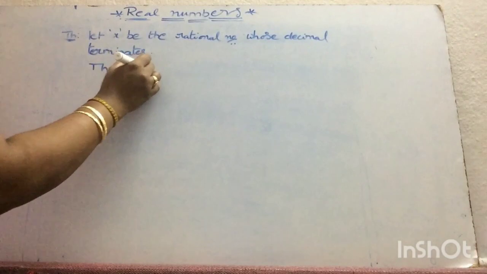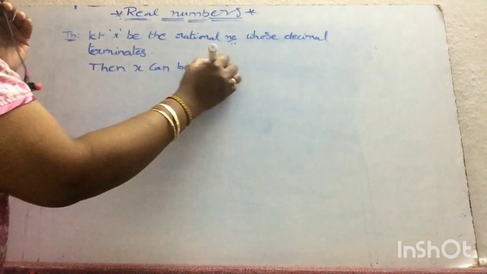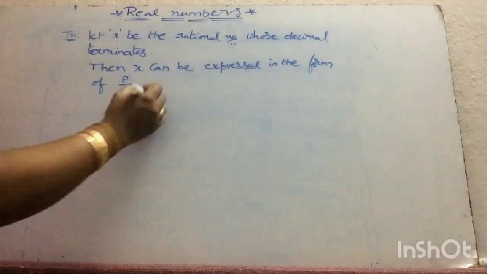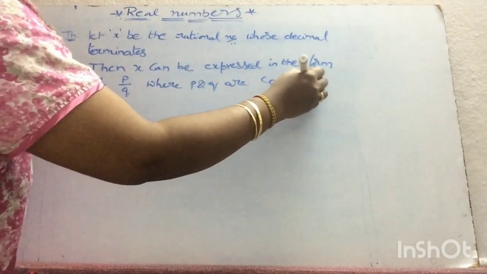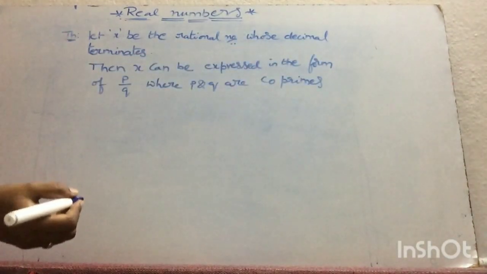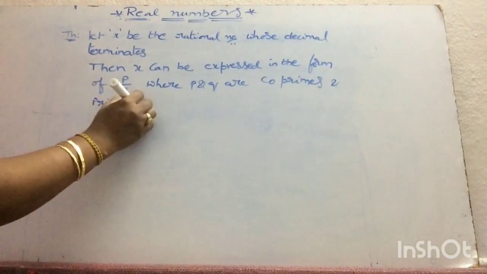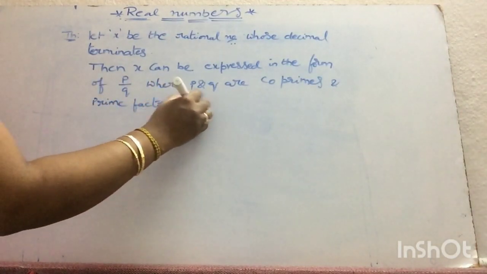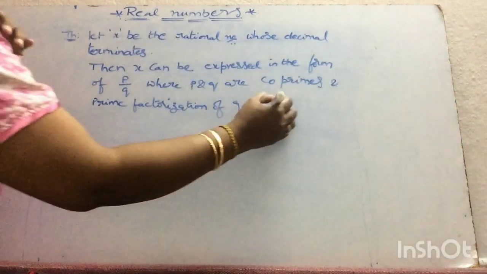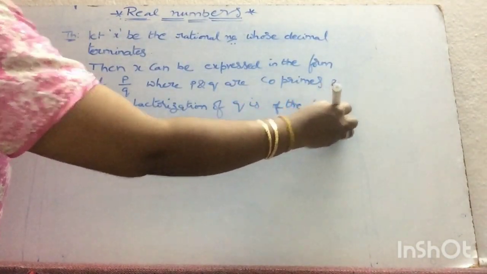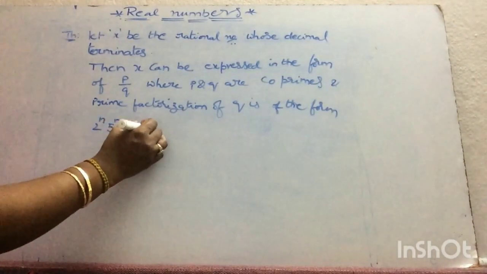Then x can be expressed in the form of p by q, where p and q are co-primes, and the prime factorization of q is of the form 2 power n into 5 power m, where n and m are non-negative integers.